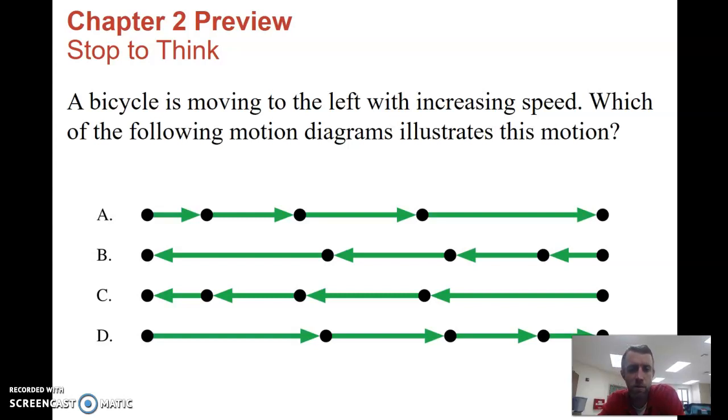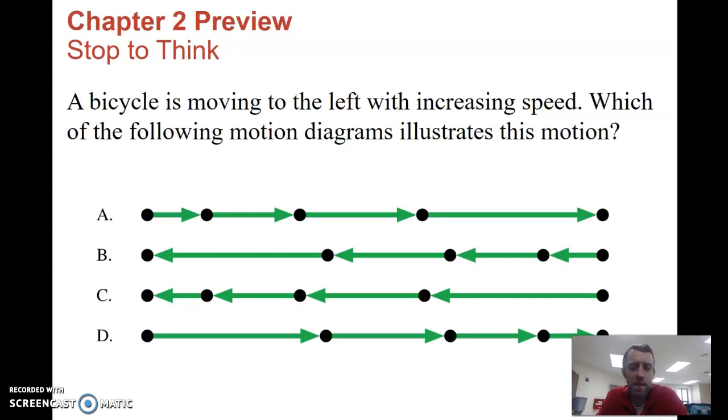I'll get into that a little later. But they give the direction of motion as well as how fast it's going based on the length. So these can be a good way to describe motion as well.